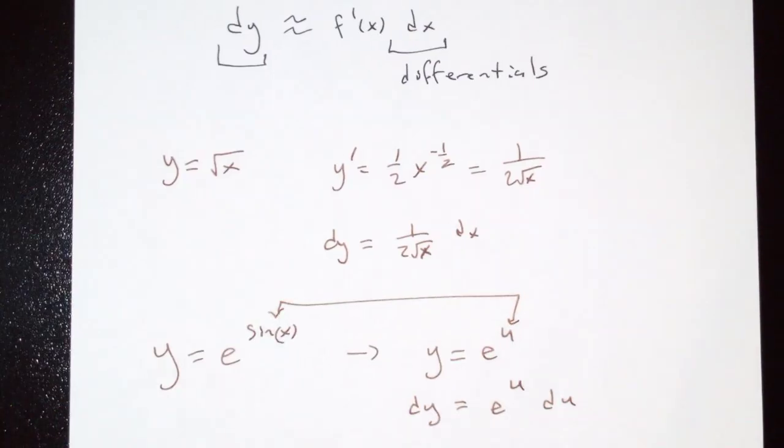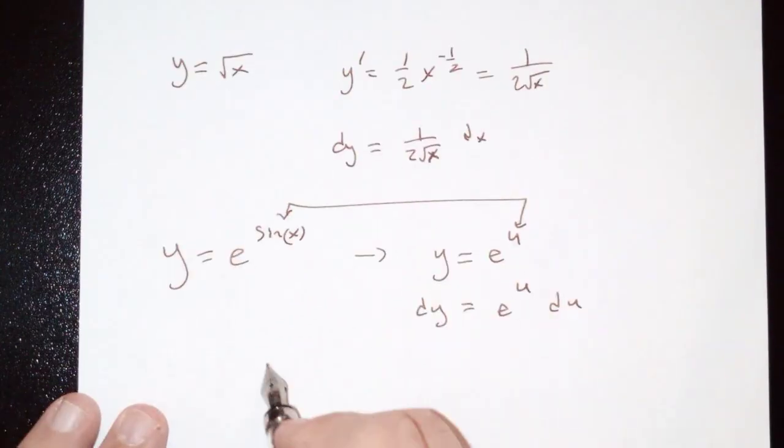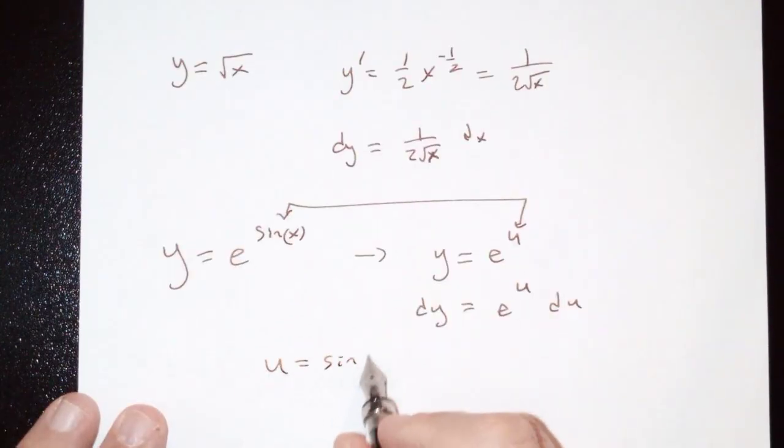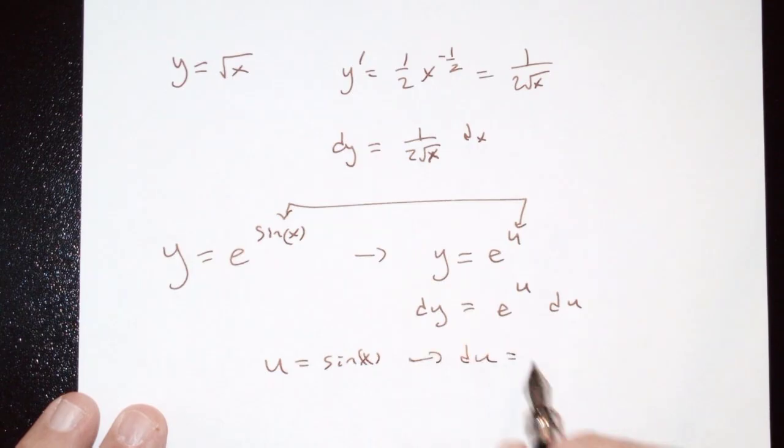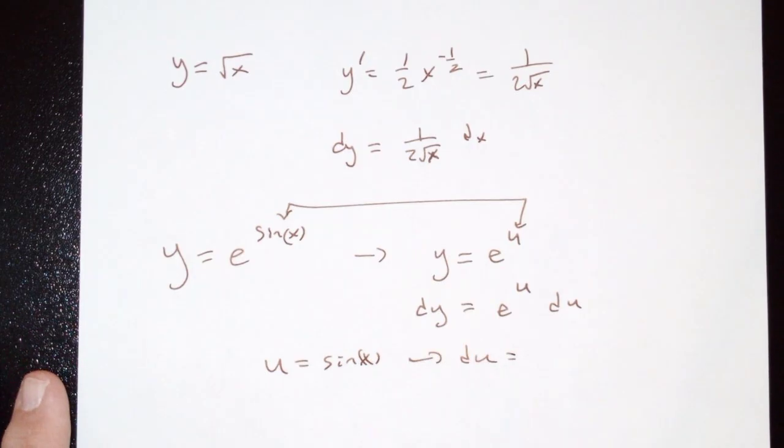Yes? So if I say, oh, but in this case, u is equal to sine of x, then what's du? It's the derivative of sine of x.